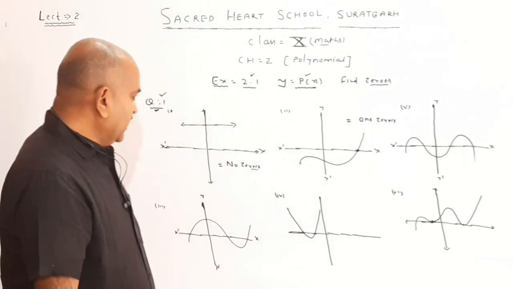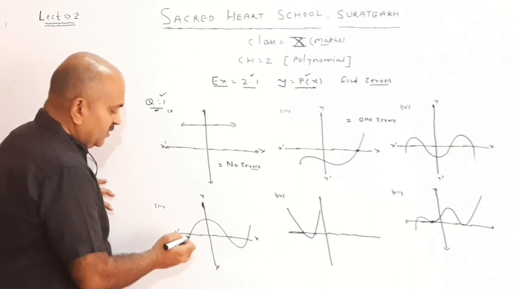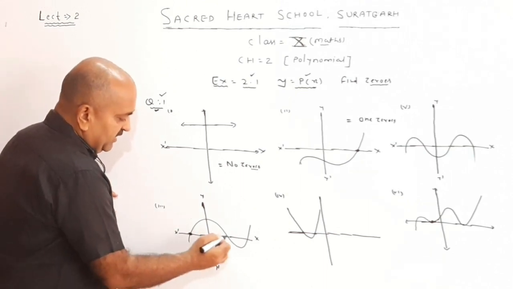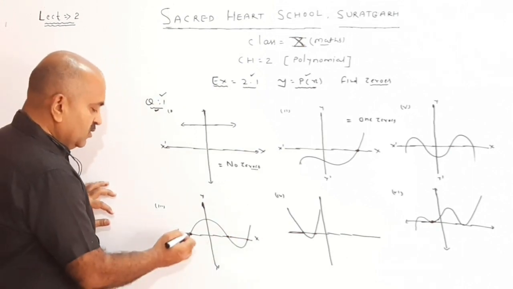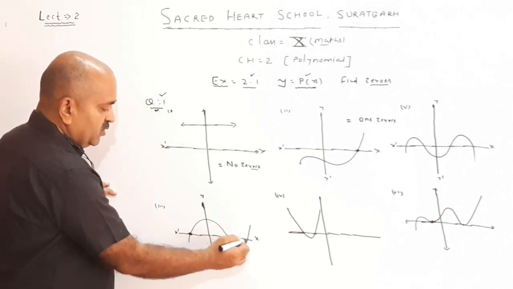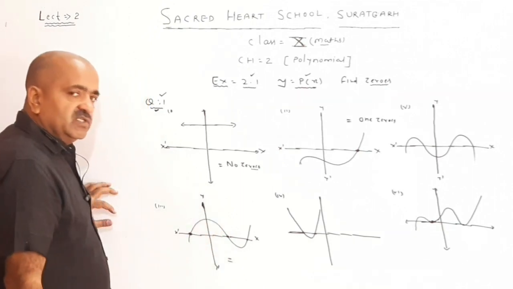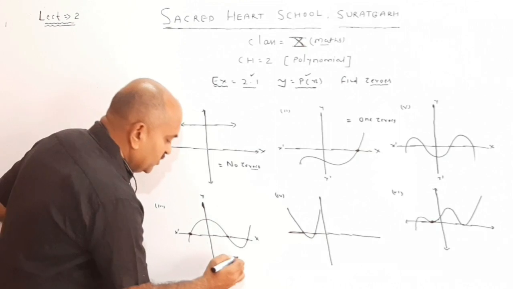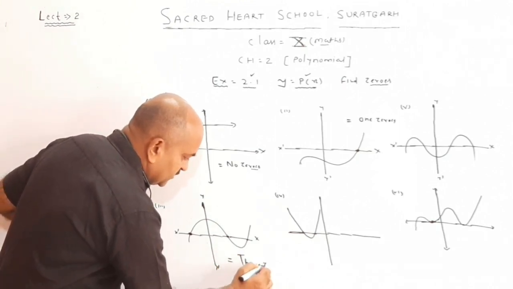Okay? And students, in the third part, this graph intersects the x-axis. How many points? 1, 2, 3. It means, yes students, how many zeros of this polynomial? 3 zeros.